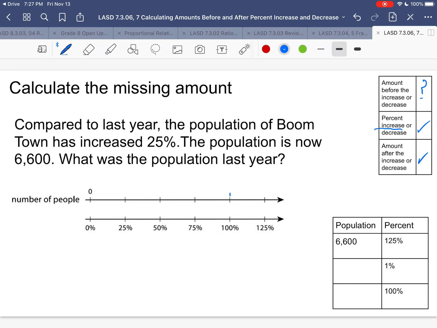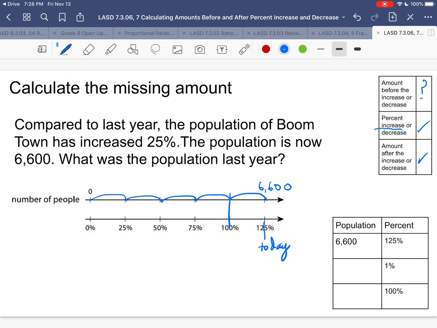So the original amount is the 100%. I'm going to mark that here. It's 100%. And now we have 25% more. So this is today, and that population today is 6,600 people. So we've got 5 25% there. 1, 2, 3, 4, 5.